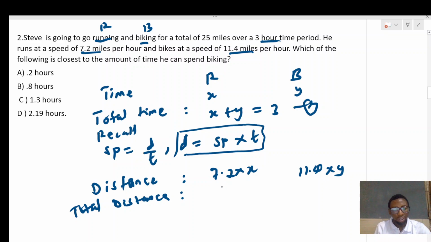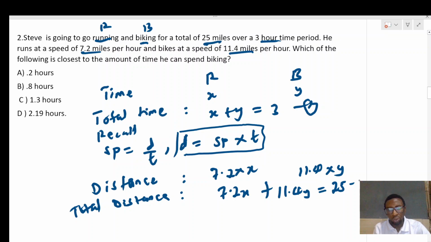That is the distance for running, which is 7.2x, plus the speed of biking and the time for biking, 11.4y. The total distance is 25 miles.